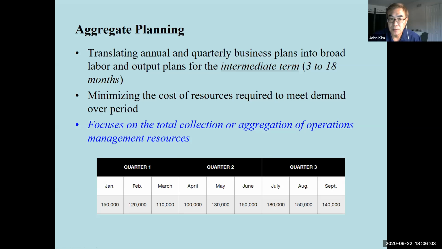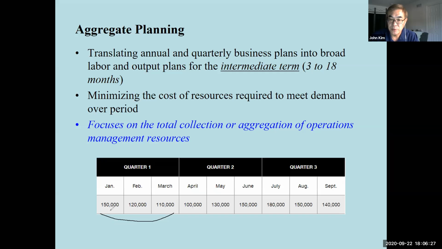The total of these 3 months is 150, 120, 110, so 380,000.